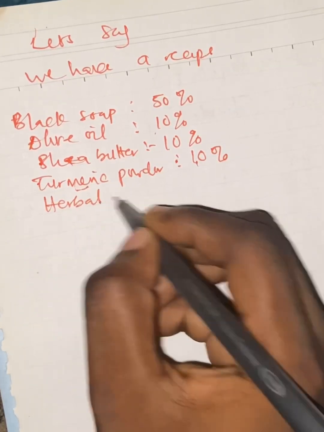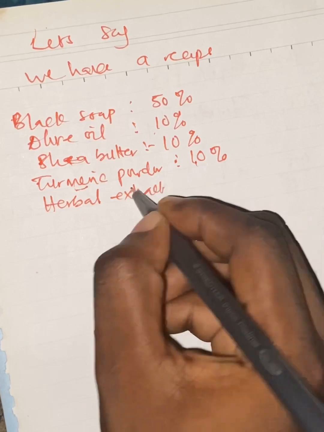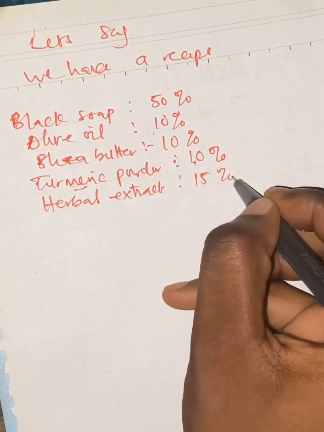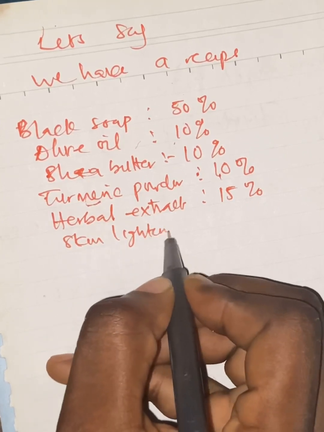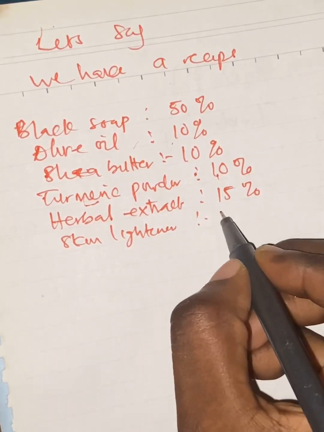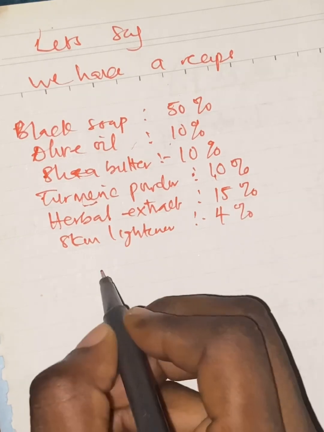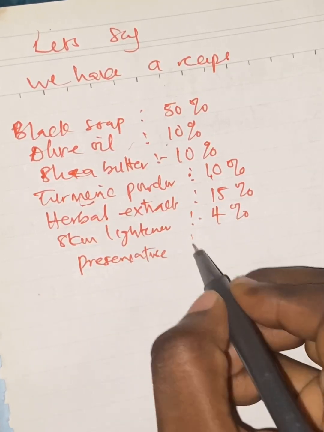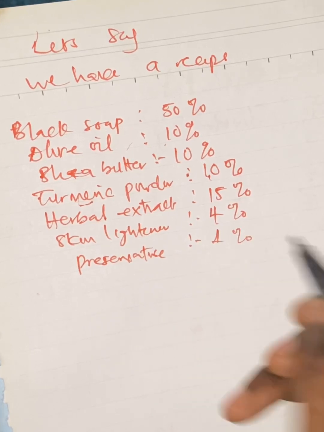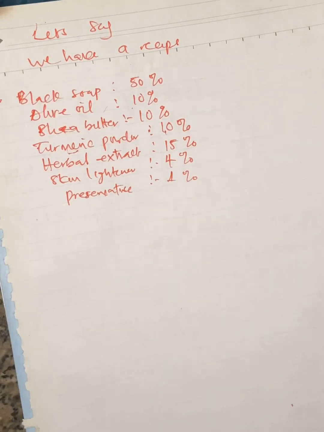Want to put herbal extract, 15% herbal extract, skin lightener of, let's say, 4%, and then preservative of 1%.